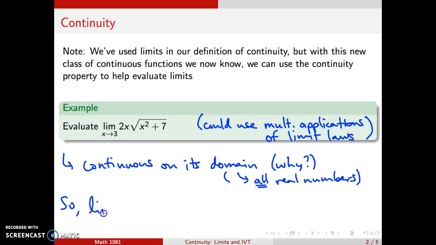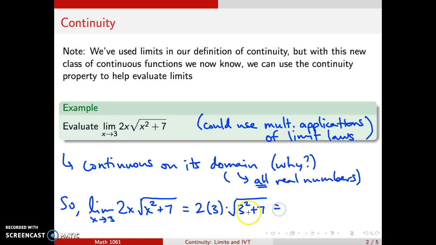So for that limit, I can just do a direct evaluation. I get 2 times 3, which is 6, times the square root of 9 plus 7, which is 16. The square root of 16 is 4.